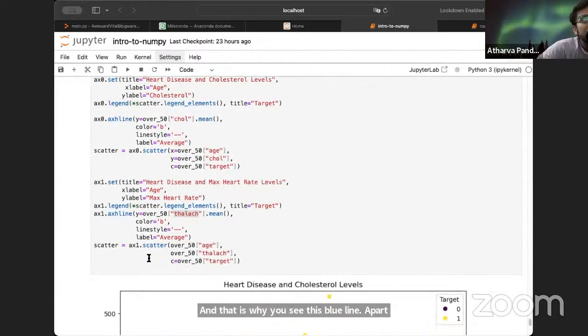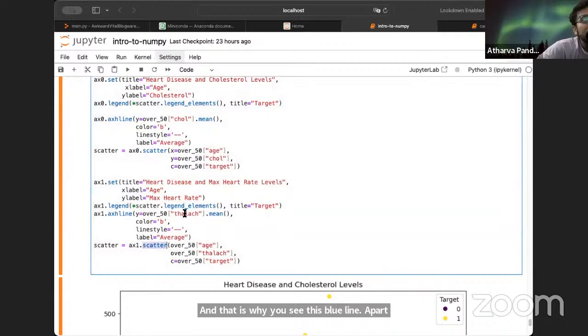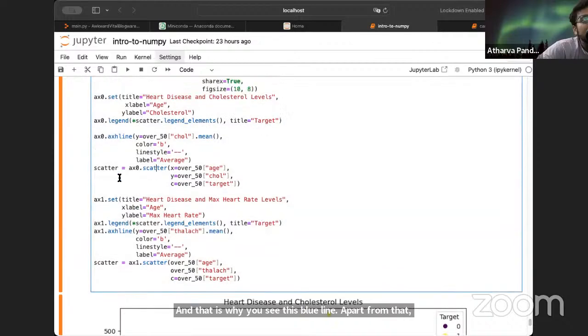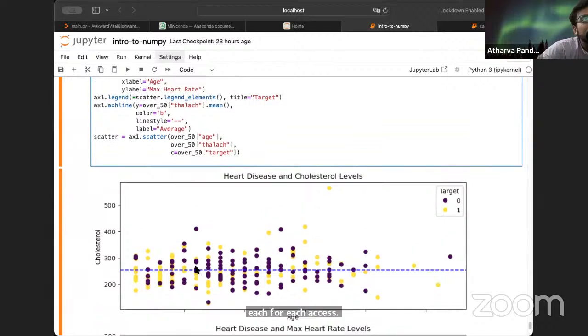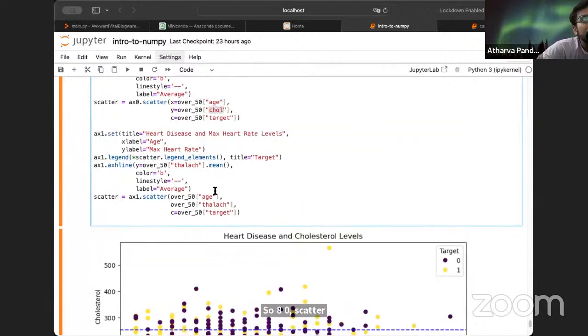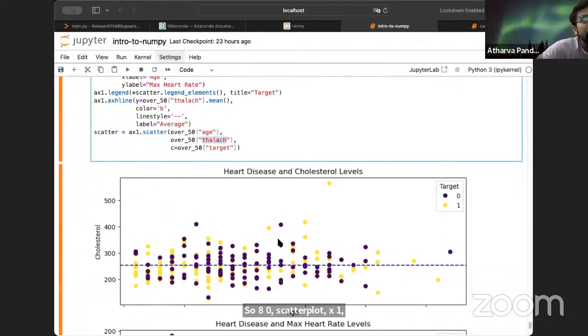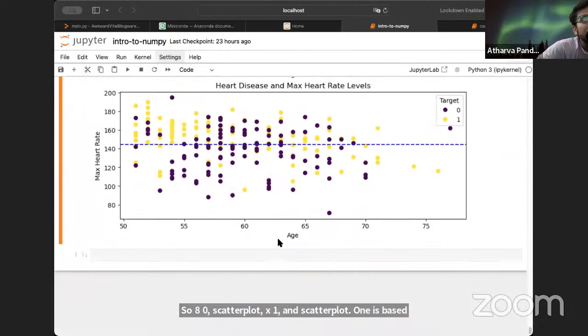Apart from that, in the next line, all we are doing is plotting a scatter graph, one for each axis. So ax0 scatter plot, ax1 scatter plot. One is based on cholesterol, another is based on heart rate. That's it. Now, has everyone understood?